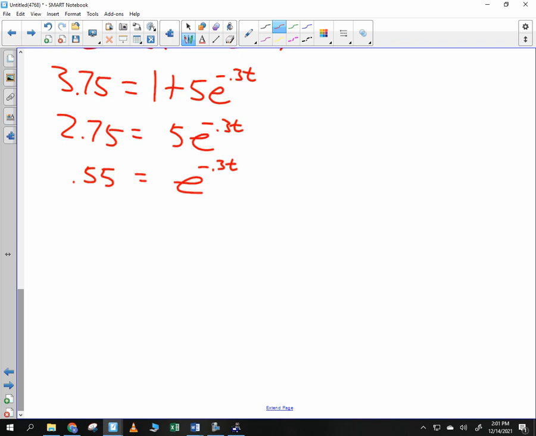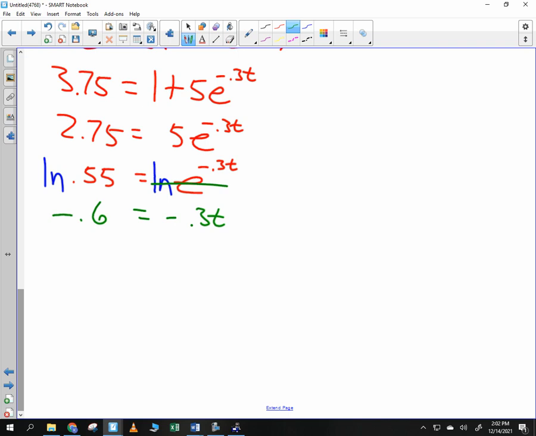And Caitlin, now what do I do to both sides? Natural log. And when I do that, I get negative 0.3t, and the natural log of 0.55 is about negative 0.597.